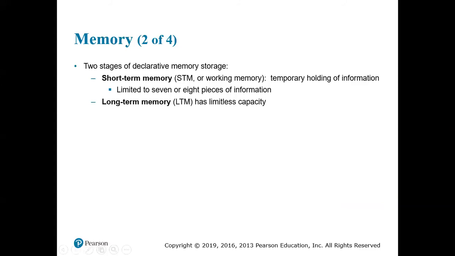We want to try to put things in long-term memory, but it's also natural for a first-timer in A&P to put things into short-term memory, because the best memory is the memory that is built through repetition and exercise: exercising your mind, practicing, going through problem-solving tasks. That is how we have long-term memory.